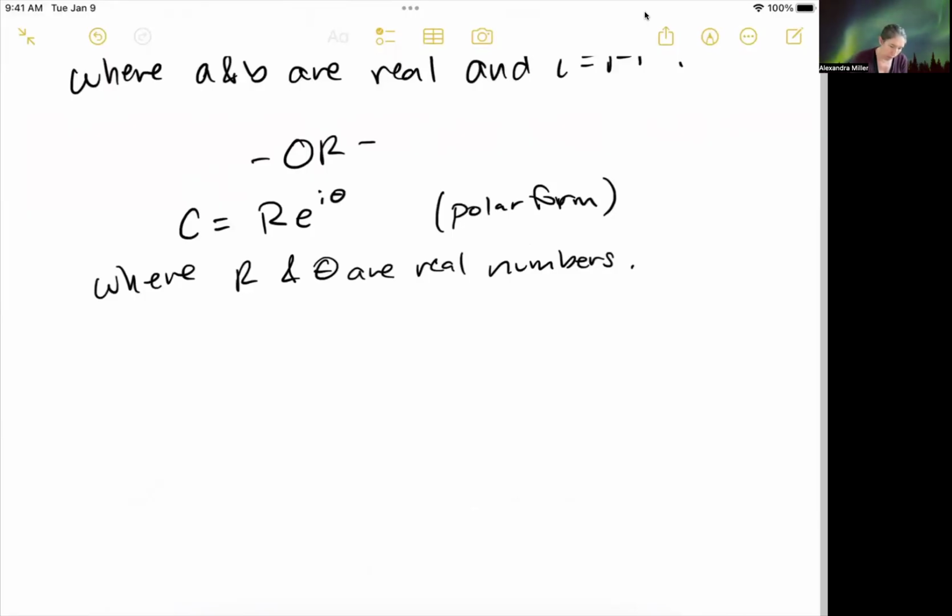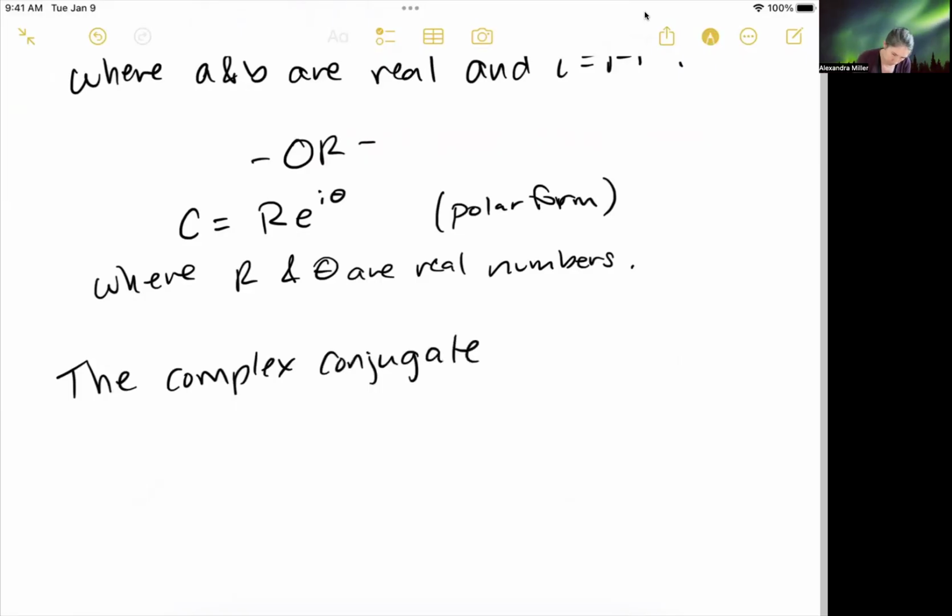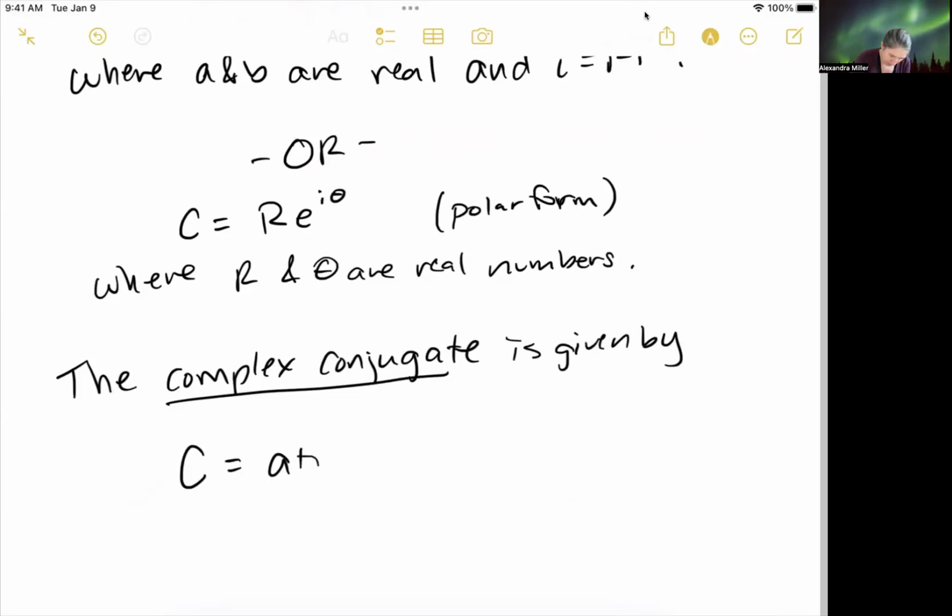One important operation when you have complex numbers is taking the complex conjugate. So if we have C equals A plus iB, then the complex conjugate, C star, we just send all of our i's to minus i.